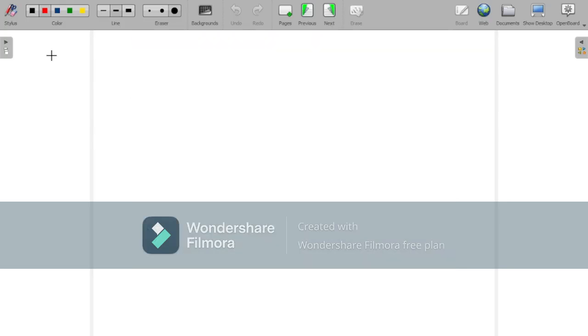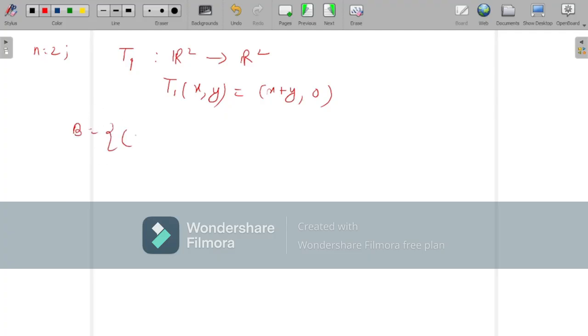Let's check it for n equal to 2. T1 will be a linear transformation from R2 to R2. Define T1 of x comma y equal to x plus y comma 0. This is a linear transformation; you can check it. Let B = {(1,0), (0,1)} be a basis of R2.